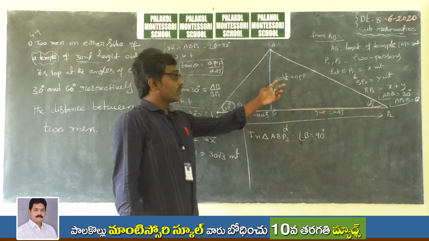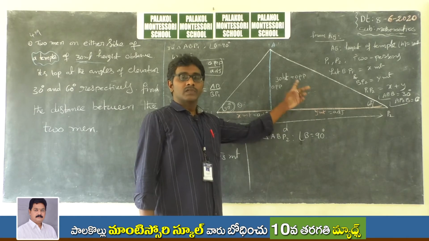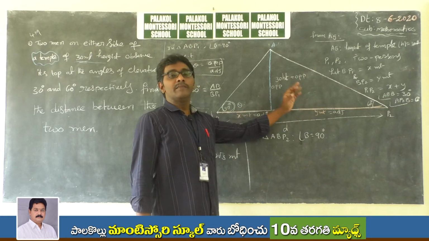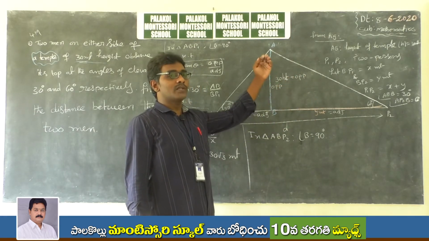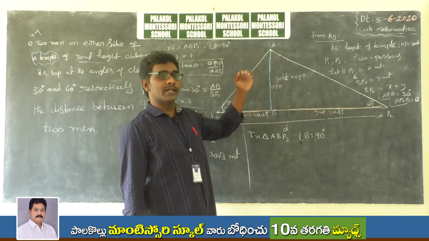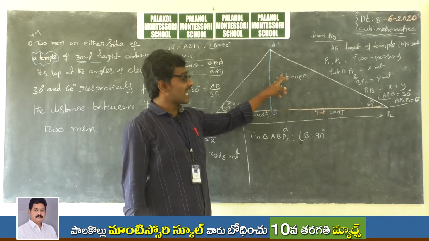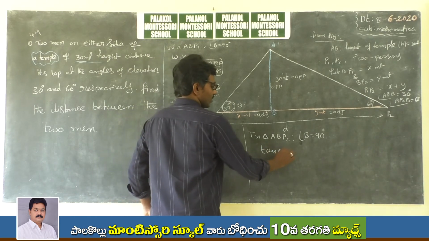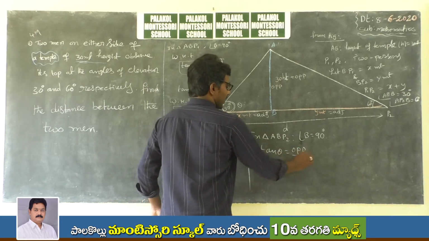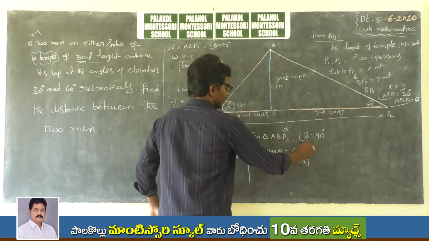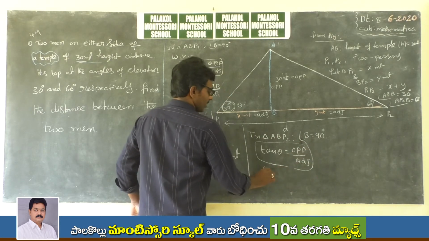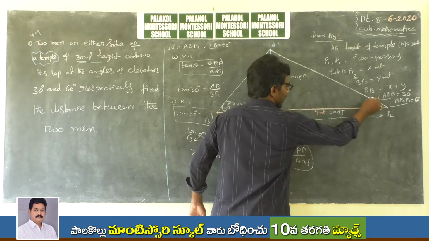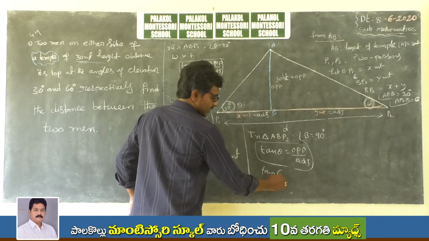Using this combination, immediately find the appropriate trigonometric ratio, that is tan. So I write tan theta is equal to opposite by adjacent. Here the angle is 60 degrees.